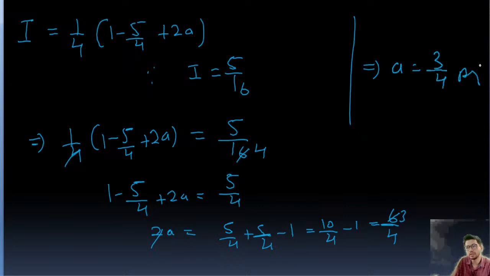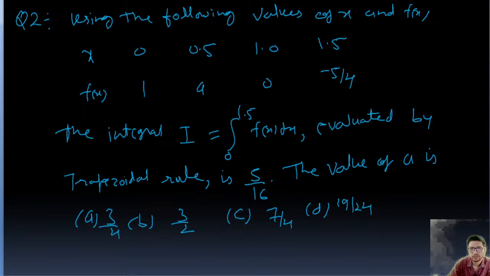Okay, so this is the answer, guys. 3 by 4. So which option is matching, guys? Let me check. Option A is matching, guys. So option A is the correct option, 3 by 4. Option A.